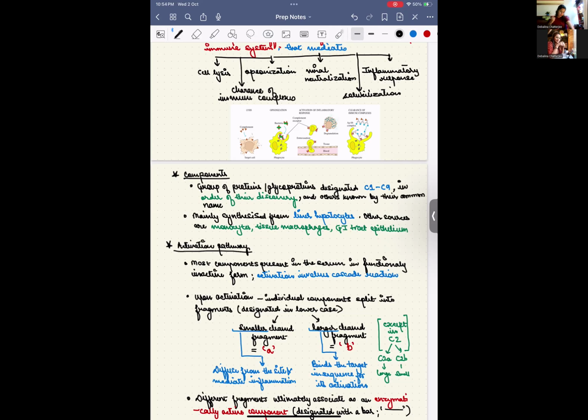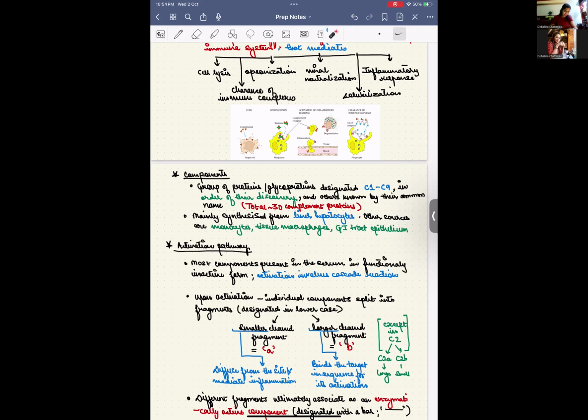It might give you a sense that there must be just 9 proteins, but around 30 complement proteins have been identified so far. C1 to C9 is the order of discovery, and there are other participants named by a common name, maybe given by the scientists who identified them. So in total, around 30 complement proteins have been identified so far.